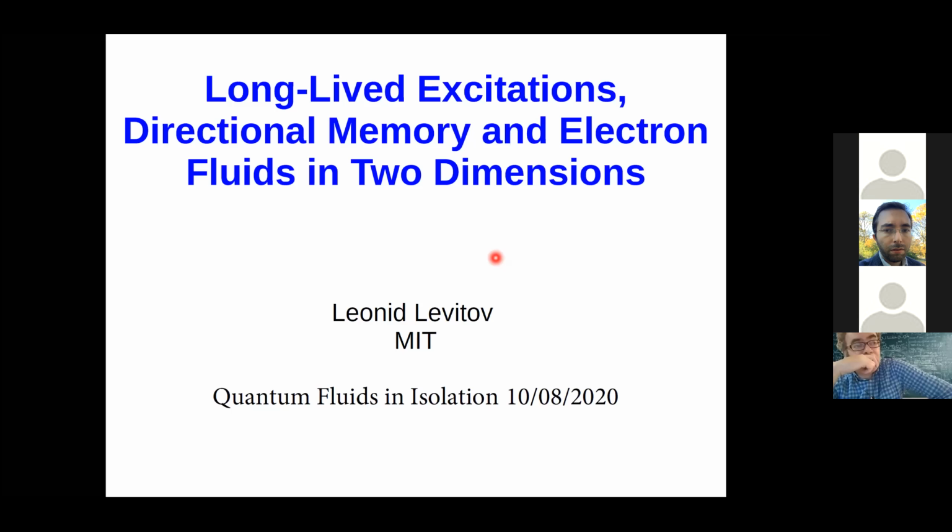It will be two-dimensional fermions, and there will be a Fermi surface. But because it's two-dimensional, there will be some new aspects that will change hydrodynamics from what we know from the Navier-Stokes equation and so forth to something quite different. That's essentially the punchline.